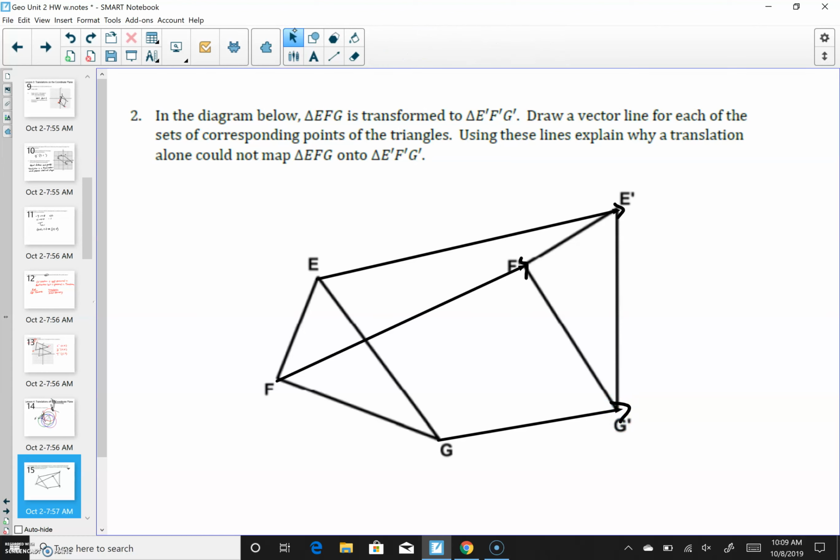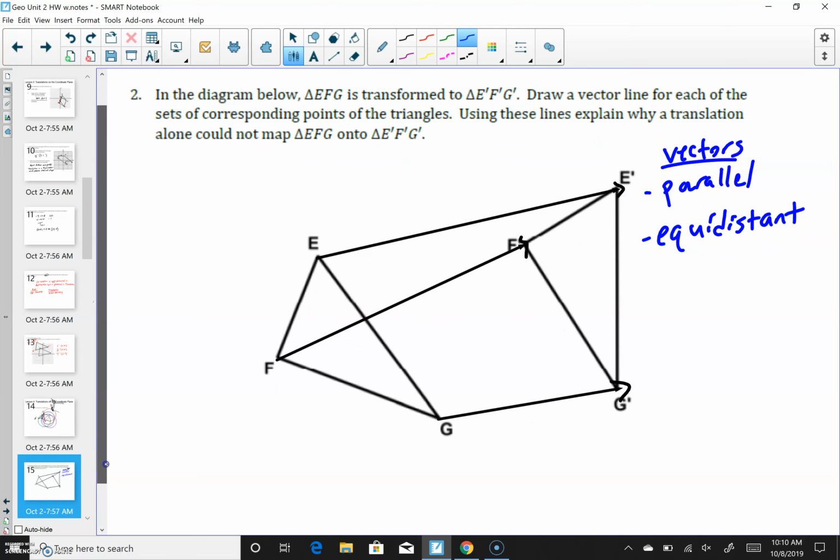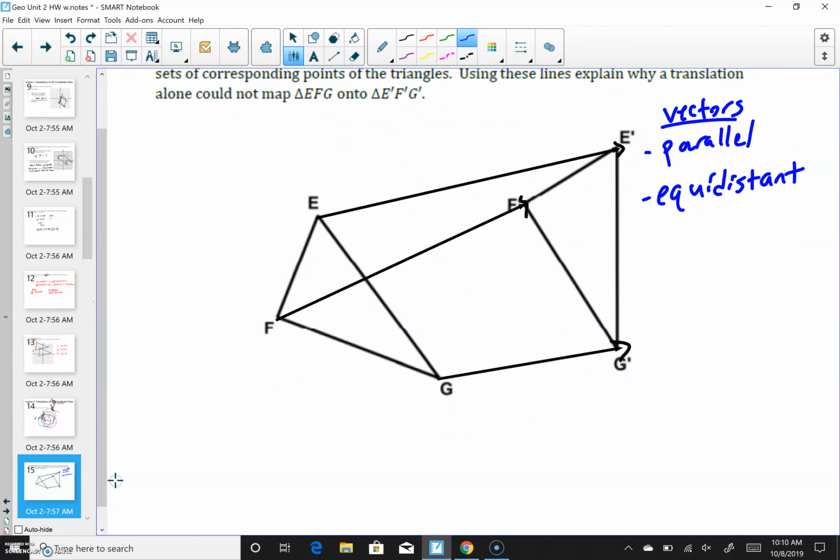So if we remember, vectors should be parallel and equidistant. And by looking at this picture, especially E to E prime and F to F prime, I can tell that those vectors are definitely not parallel.